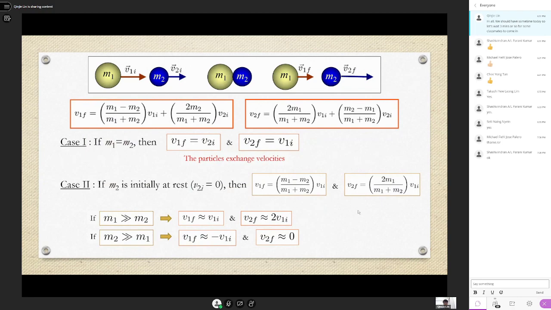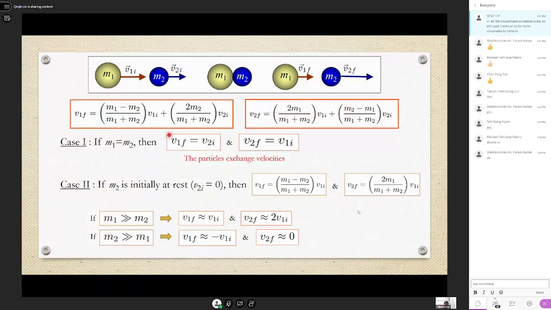Then some more traits that we can pick out from this. These are the two equations, V1F and V2F, and we can break it down into more cases. Case one: if M1 equals M2, imagine they are the same ball, same mass, everything the same. If they collide into one another and you substitute M1 equals M2, all these M1 minus M2 terms get cancelled out, because they are the same.